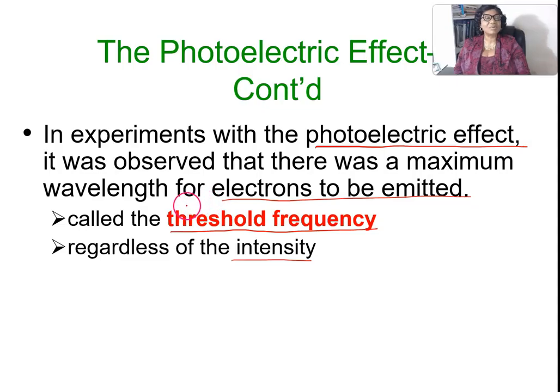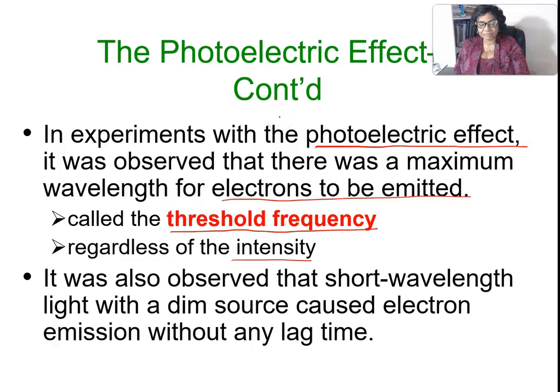Electrons will not come out of the metal. It was also observed that shorter wavelength light from a dim source causes electron emission without any lag of time. The source was dim, but the wavelength was short.